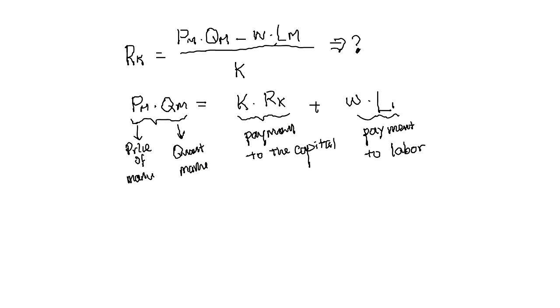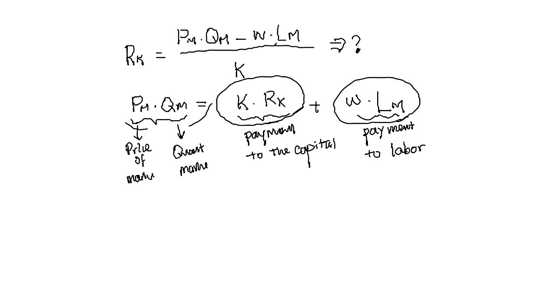Right? I only have two production inputs. The total revenue for this firm has to separate into the payment to the capital and the payment to the labor.